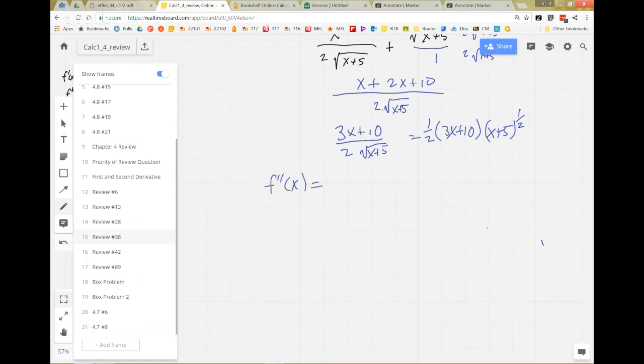Again, we can put the 1/2 out in front, right? Let me think. I was going to think we can multiply that through too. Let's just leave it out in front. Now, let's multiply it out. Okay, so that would be 3/2 x plus 5.